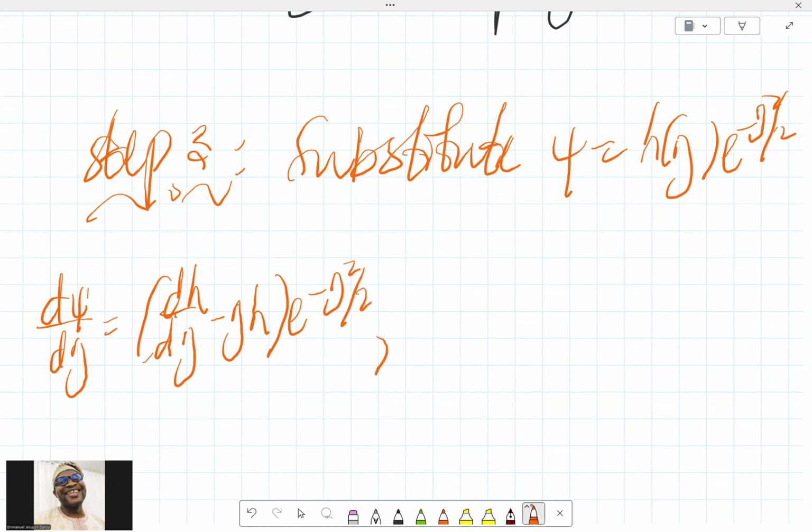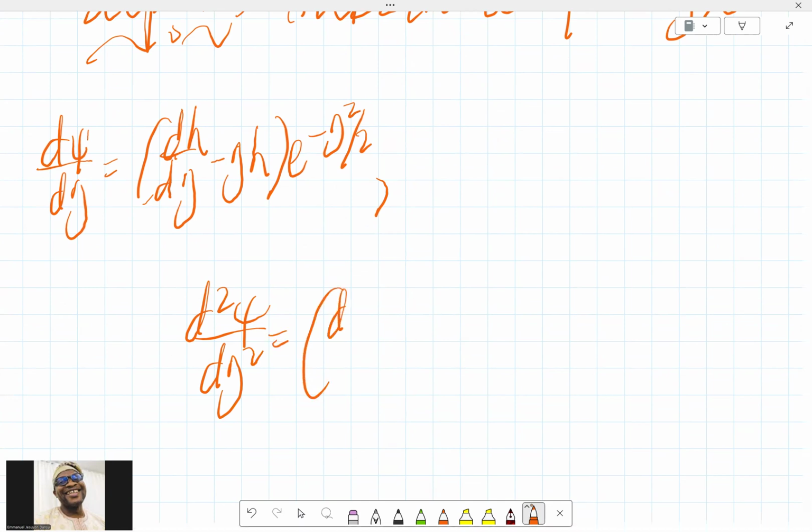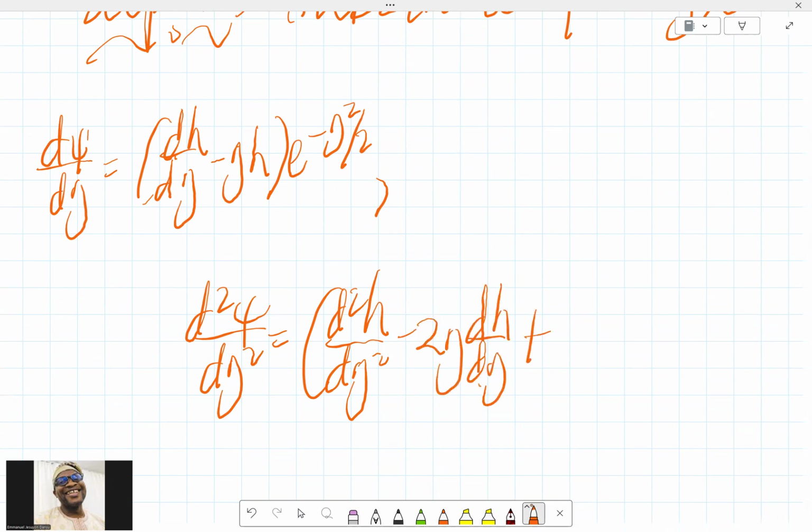And then d squared psi d eta squared is equal to d squared h d eta squared minus 2 eta d h d eta plus eta squared minus 1 times h, all multiplied by e raised to power minus eta squared over 2.